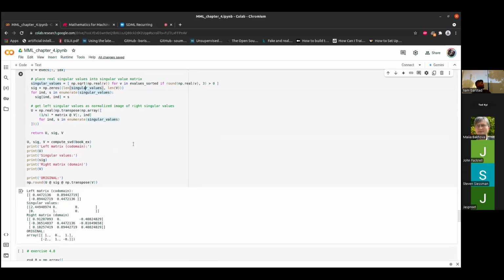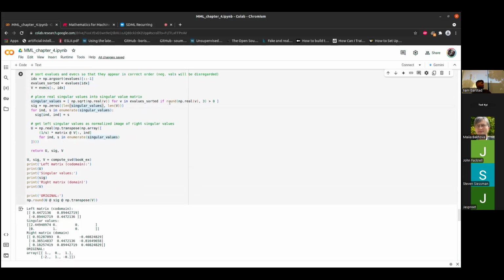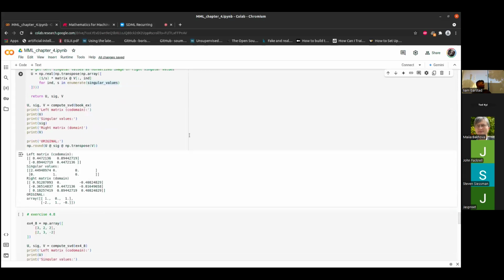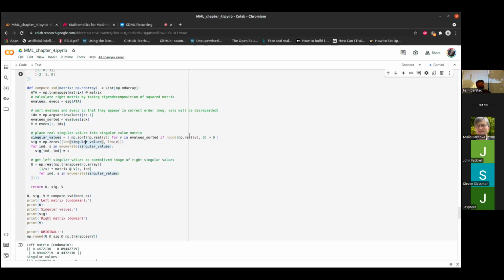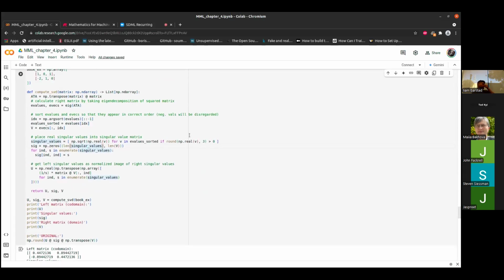Because here, I actually had to add, like, if it rounded, it's 0, but also that there are these negative singular values that come out because they're negative eigenvalues, and I wonder what the significance of those are pertaining to this stretching operation, if there is one.